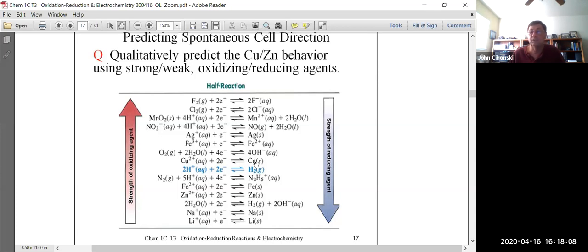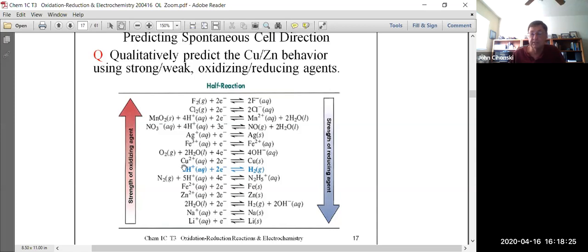And that means copper will probably be the product, okay? Now, let's look at the ions. We have zinc +2 and copper +2. Which one is the stronger oxidizing agent? Well, obviously copper 2+.